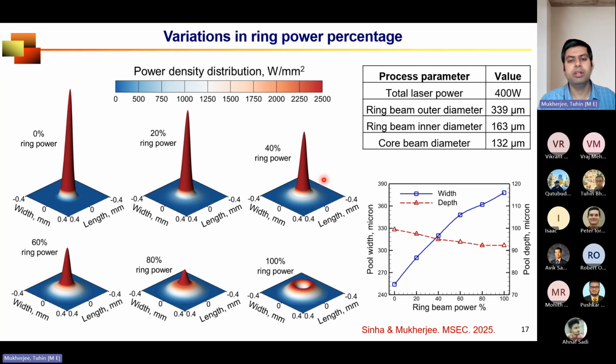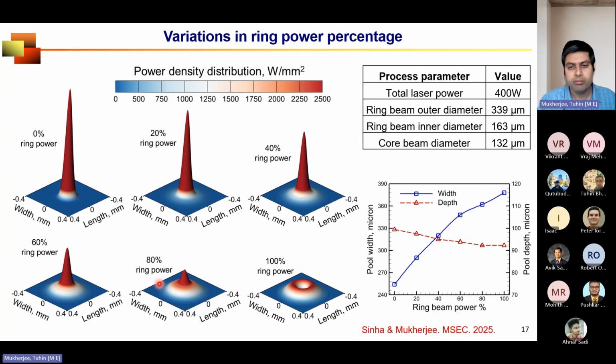You will see that depending on the power percentage, you can precisely tune the overall power density. And that means you have complete control over the pool dimensions, like pool width and pool depth.